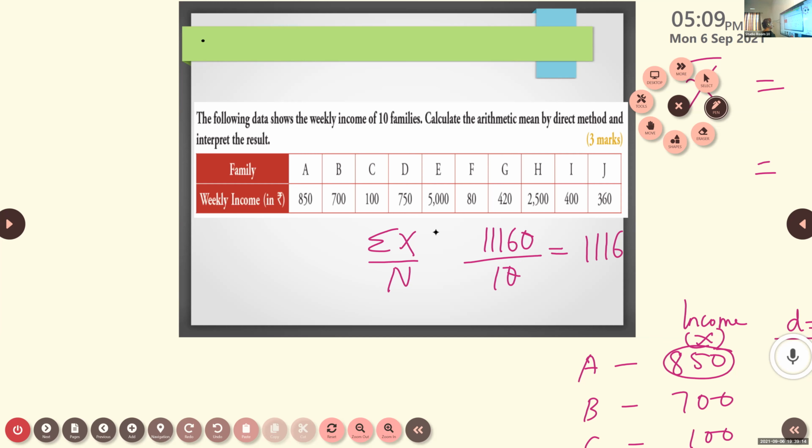Usually we take the middle one, whichever number is in the middle, as the assumed mean. 850 will not come like that. For this ungrouped data, we can take any number.